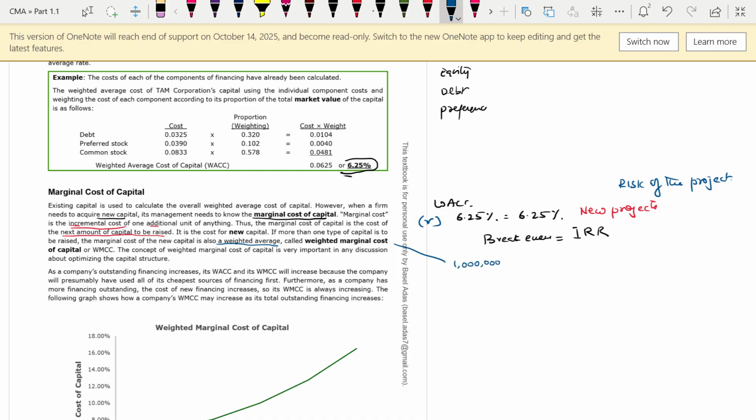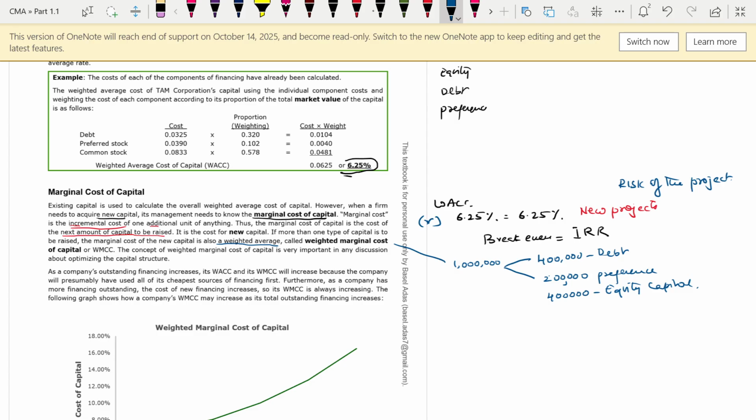Now what will you do? You will distribute this. You will say that I am going to raise 400,000 from debt, I am going to issue 200,000 from preference capital, and I am going to use 400,000 from equity capital. You have the options.